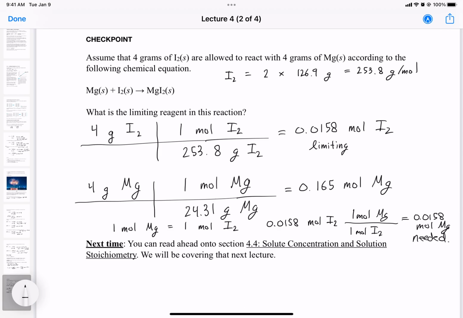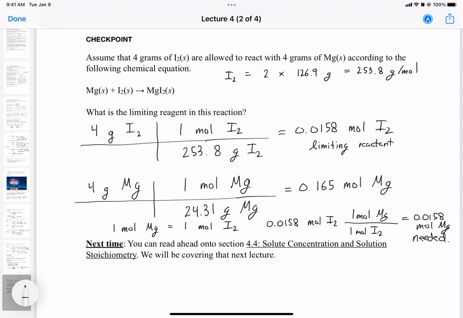And since this reaction is a 1-to-1 ratio, you can determine the limiting reactant as the one with the lesser amount of moles, because they are in a 1-to-1 mole relationship in the chemical equation. That's the only time you can say it's this one, because they're in equal ratios in the chemical equation, and it has a smaller amount of moles.